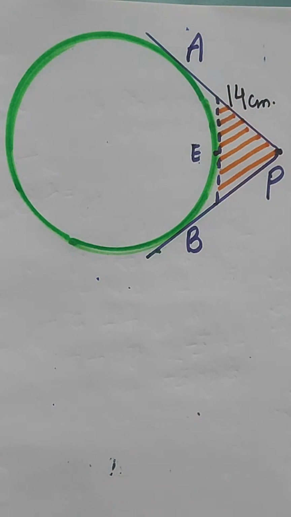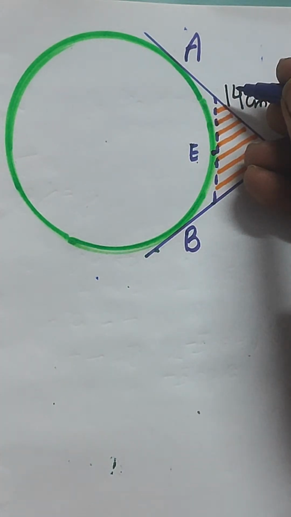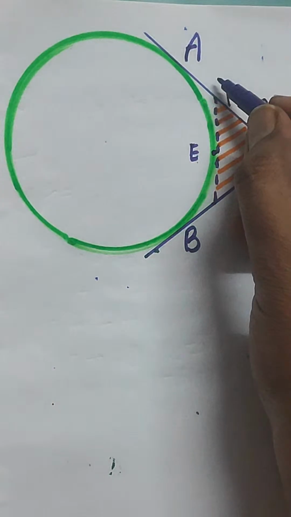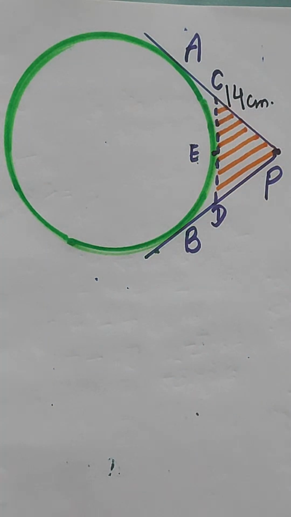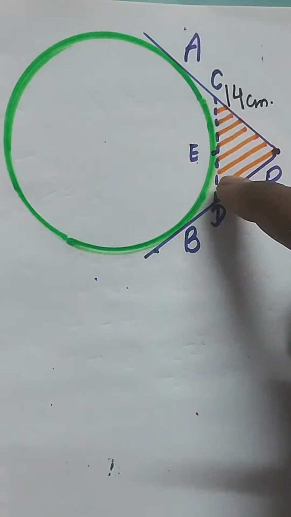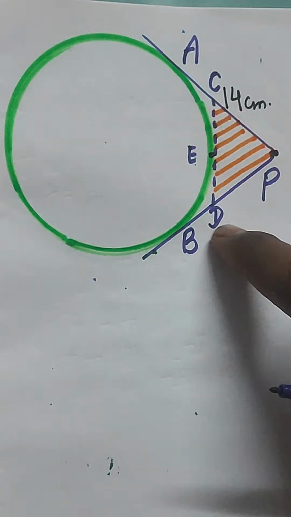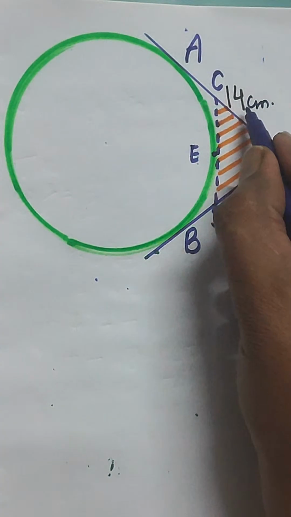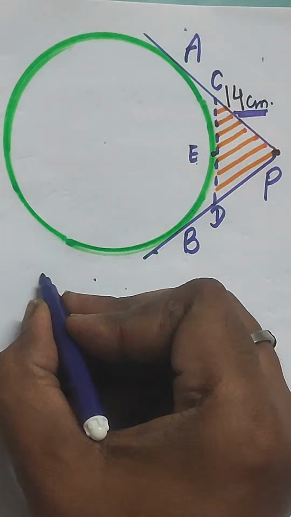It's given that the tangent drawn from E intersects PA and PB at C and D respectively, right? Now we need to find, if PA is 14 centimeter, this is the length of PA.